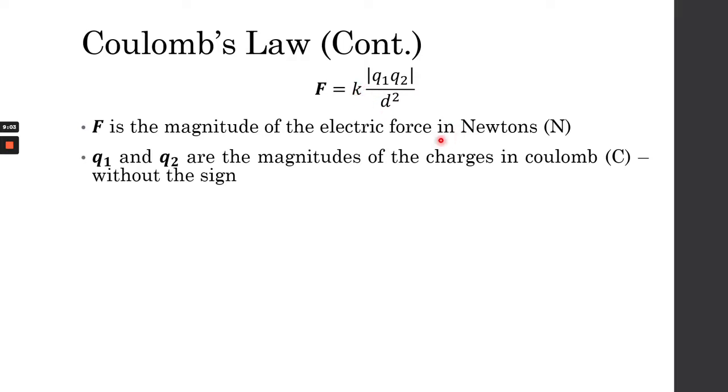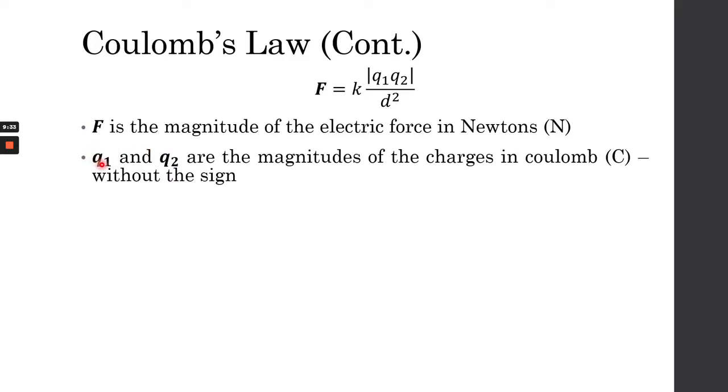So what I want you guys to remember right now is, when you are measuring the electric force, or the magnitude of how much attraction or repulsion these two charges are having, you need to remove the sign. So if Q1 is positive and Q2 is negative, just remove the sign, just multiply the two. You can imagine it is basically multiplying the two numbers without regard for the positive or the negative.